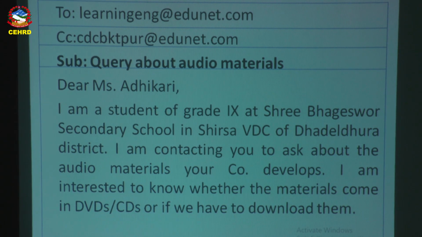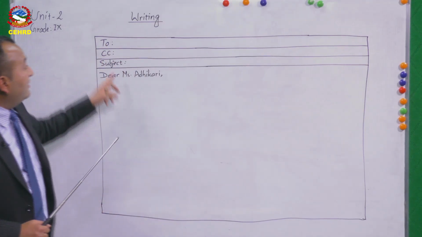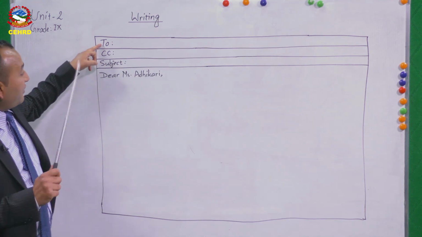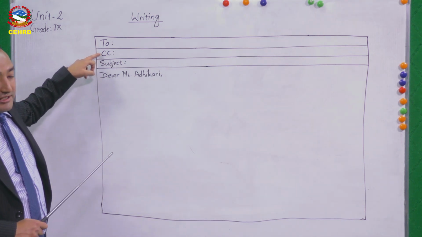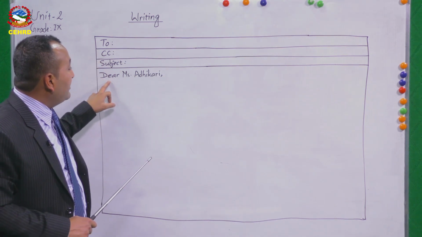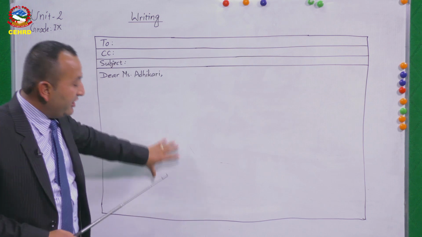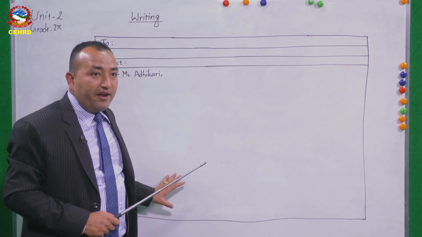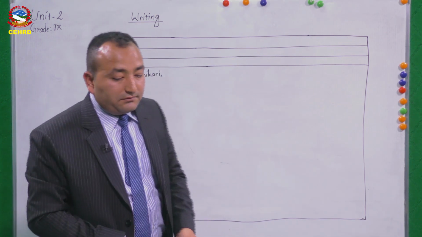Why? It is because in an email you can see a format like this. I have also tried to draw it here on the board, the same format copied here. You can see it in your book also. Then CC is there, the subject, Dear Miss Adhikari, and there is the body, and then there is a proper closing, ending.